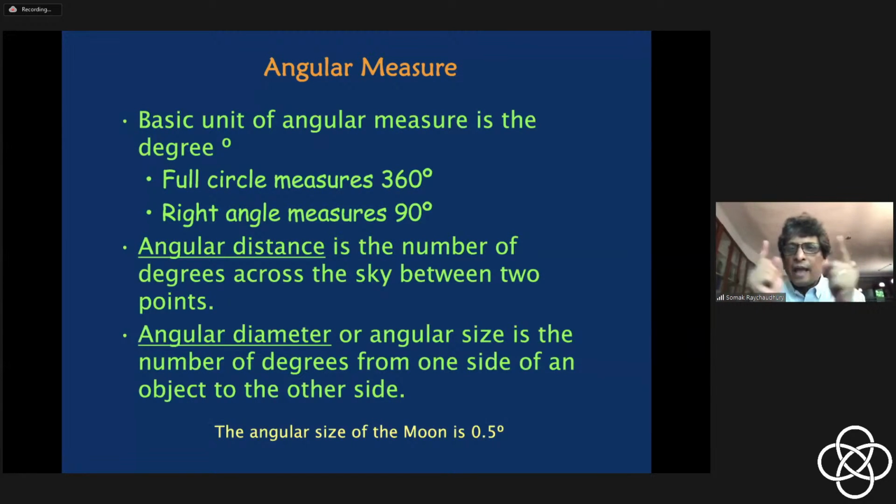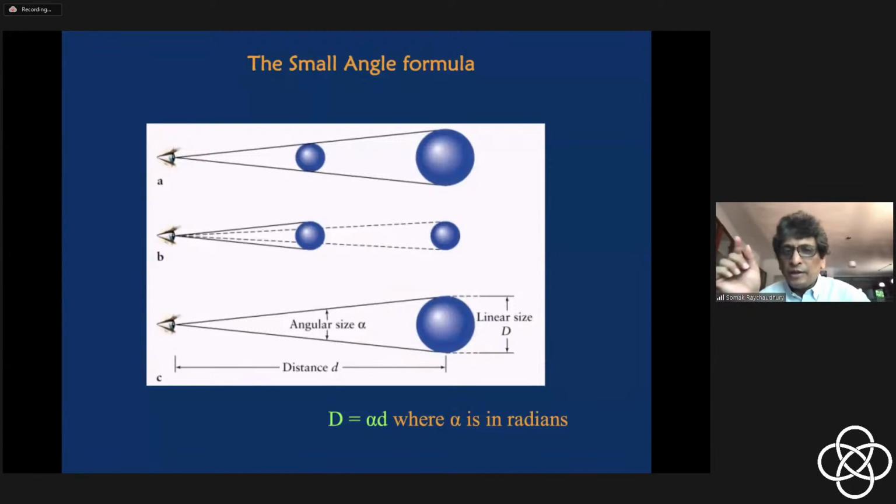And then angular diameter or angular size is from one end to the other, the angle that it subtends with me. Like the angular size of the moon is half a degree, right? So when I say the size of the moon, it most of the time means half a degree. Because to measure the actual size of something, you need this, right?